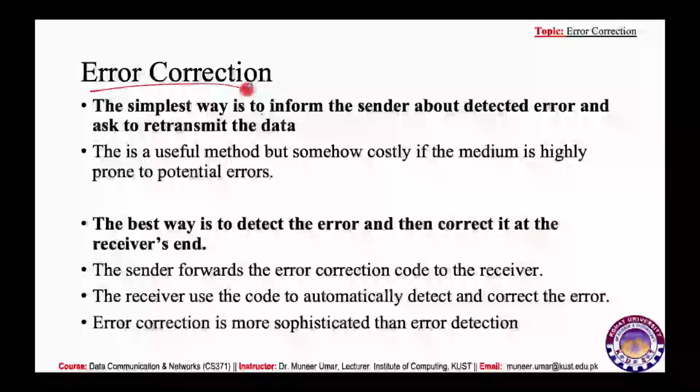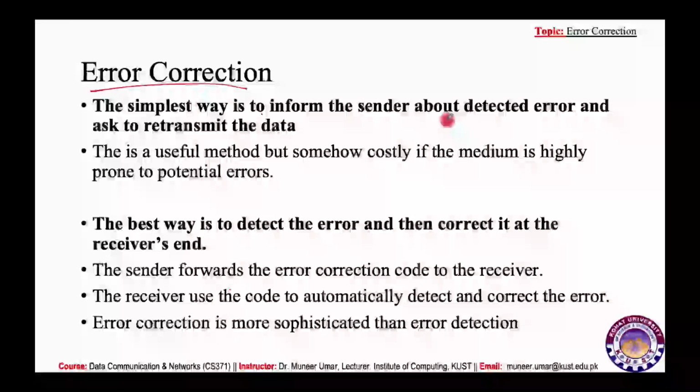Error correction. The simplest way for error correction is to inform the sender about the status of transmitted packets, about the detected error, and ask to retransmit the data. So if an error is detected in the received packet, then the sender can be informed about the detected error and can be requested to retransmit that data.